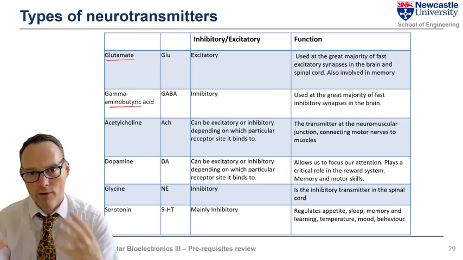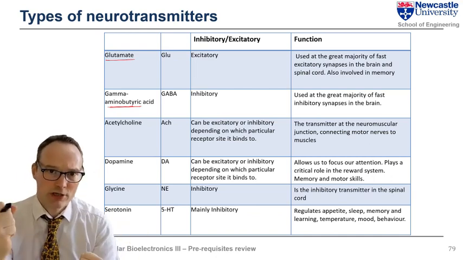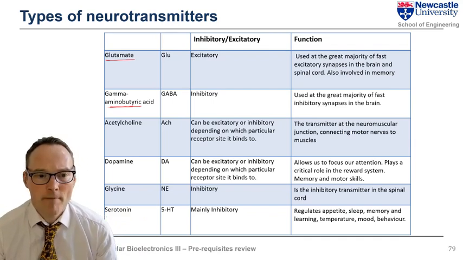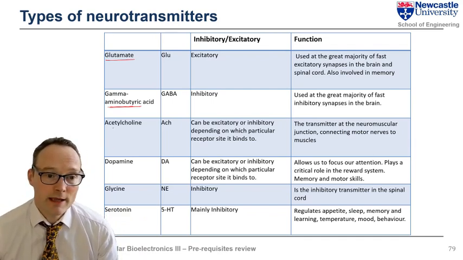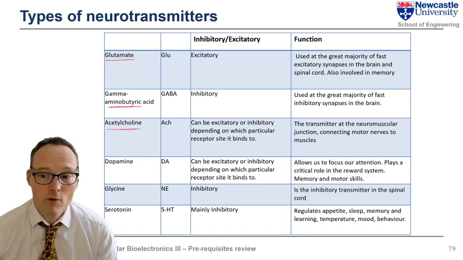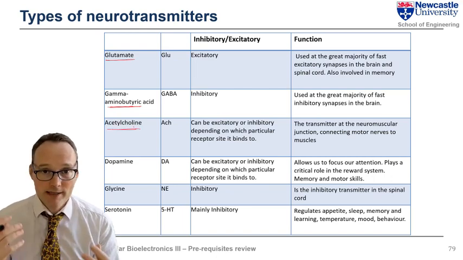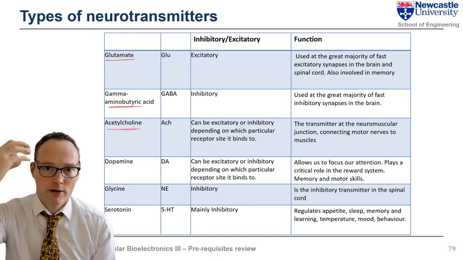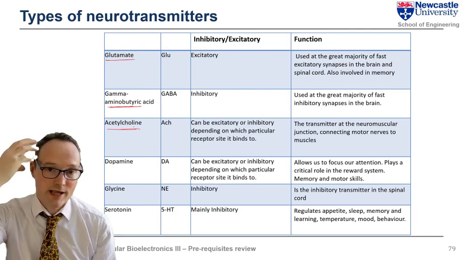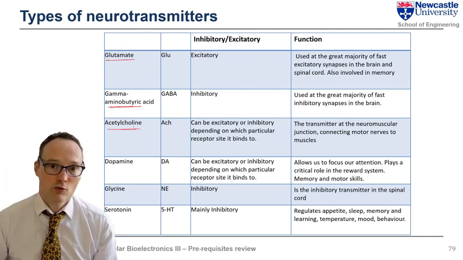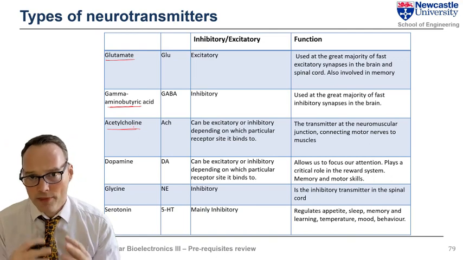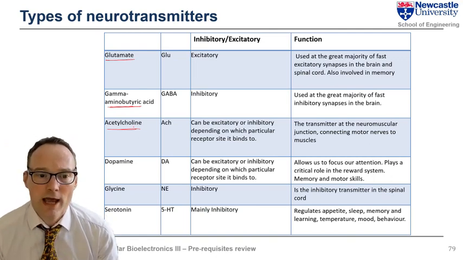So all of the actions in the brain can be push and can be pull. Acetylcholine is a really, really important chemical for our musculature. Basically our motor neurons, the nerve cells which connect from the brain towards our muscles, their main chemical is called acetylcholine.